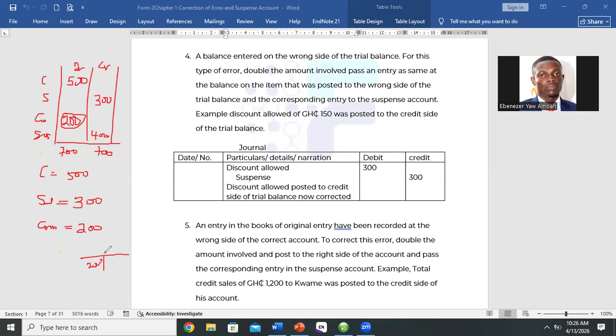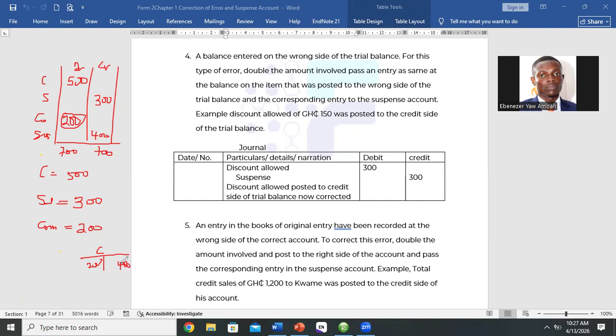Okay, so it means that we need to double the figure, 200, to make it 400, so that we will credit commission 400. If you are to redraft your trial balance, you appreciate that commission will now come to the credit side, 200.